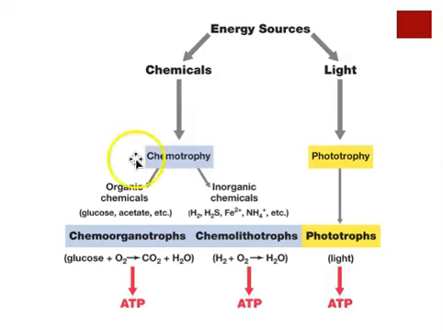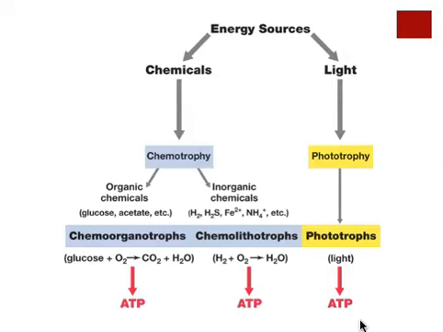You are practicing chemotrophy. Now, when it comes to the phototrophs, the phototrophic organisms are literally harvesting energy from light and then using that energy in order to get ATP from it. Now, interestingly, this ATP that's produced through phototrophy is going to be turned right back around and used to build carbohydrate.